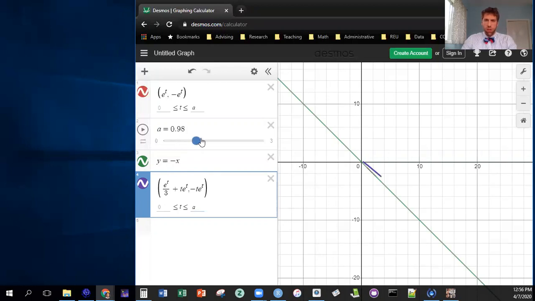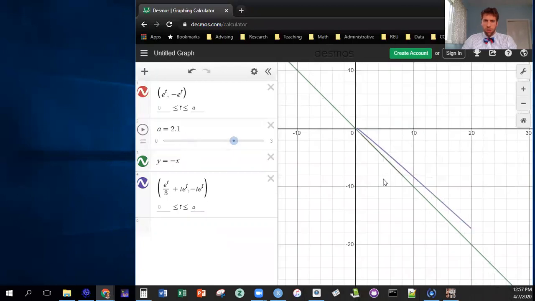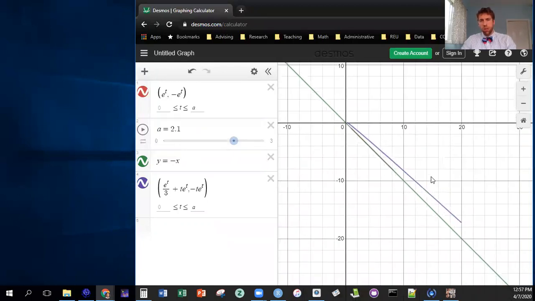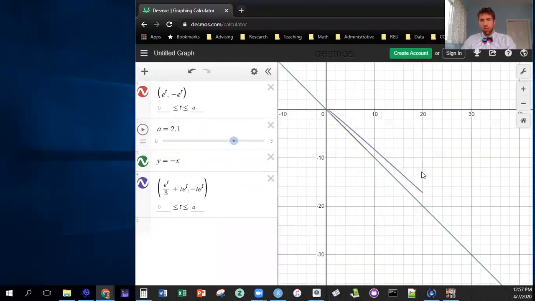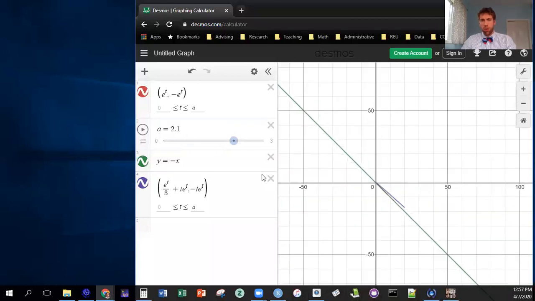So as t increases, it's kind of going just a little bit off from that. So if I zoom out a little more, you can see like that.